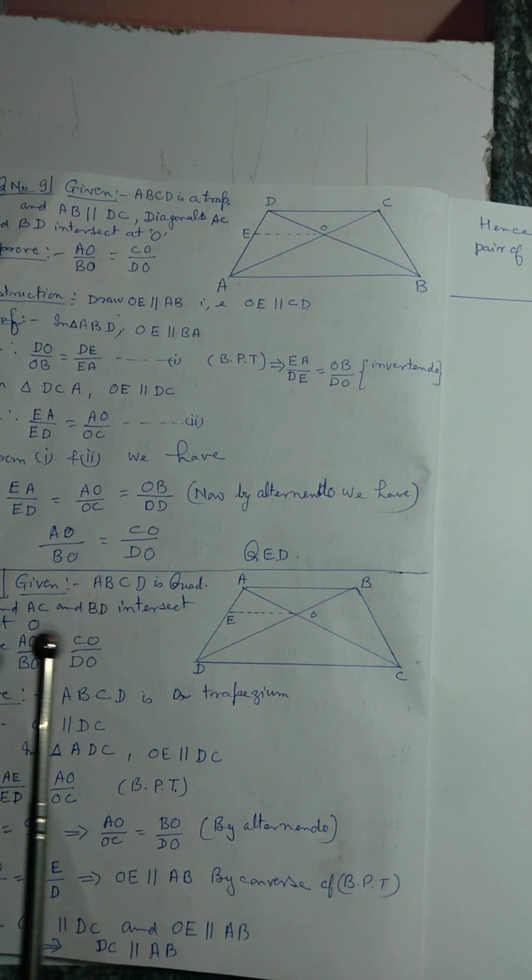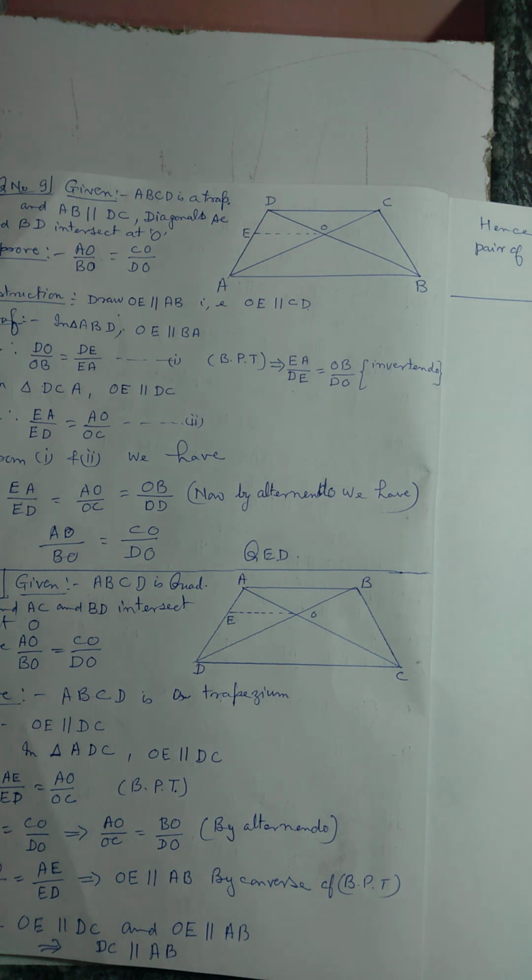Now proceed to question number 10, which states that the diagonals of a quadrilateral ABCD intersect each other at the point O such that AO upon BO is equal to CO upon DO, so that ABCD is a trapezium.